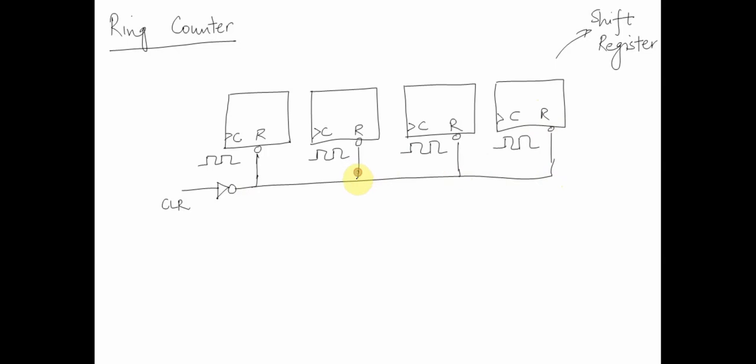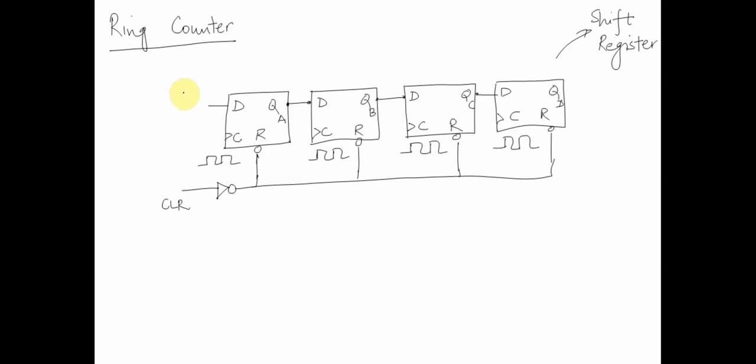And on the shift register, the output Q of one flop we connected to the input of another. Let's assume this is our counter QA, and let's give the nomenclature QB, QC, and QD.